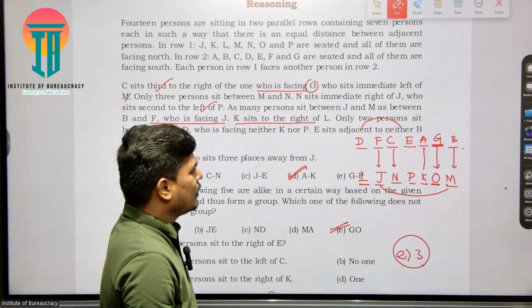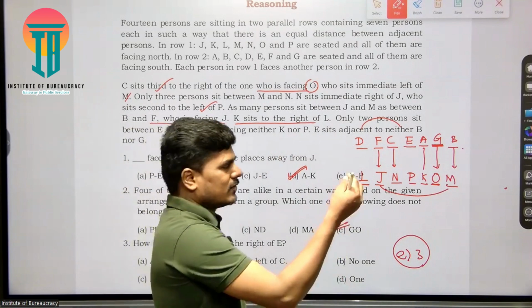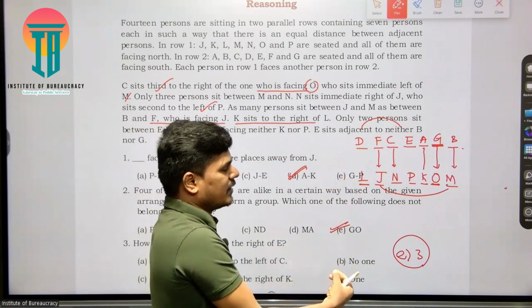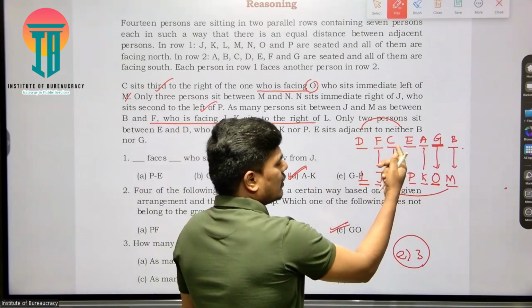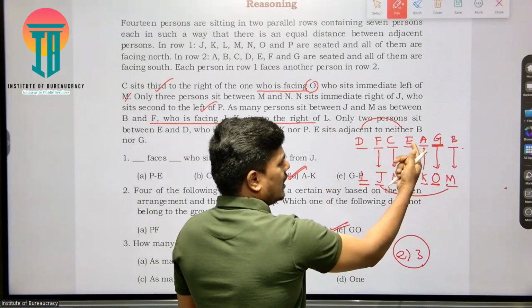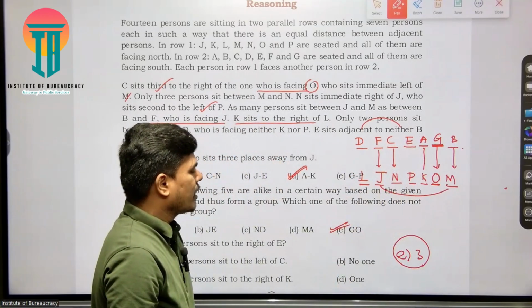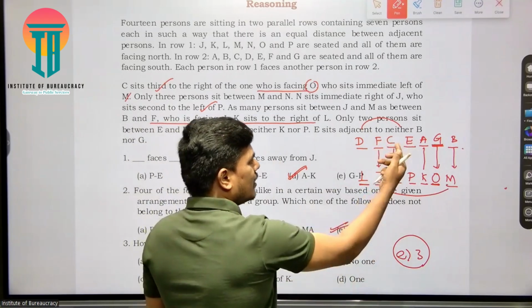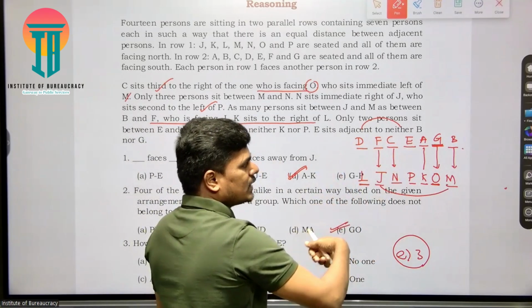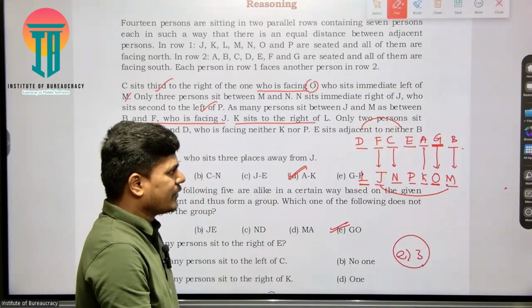To the right of A, who is the next question we have, I have in the next slide. To the right of A, third place, who is going to be there? For A, 1, 2, 3, F is going to be in the third place. For E, third place, it's going to be D. So for A, F is going to be in the third place to the right.